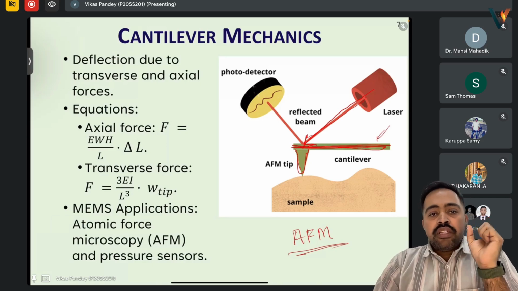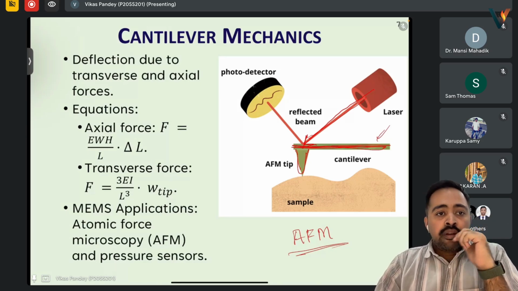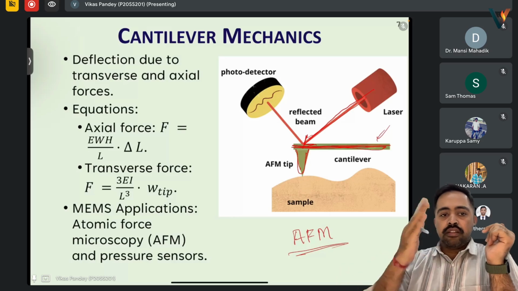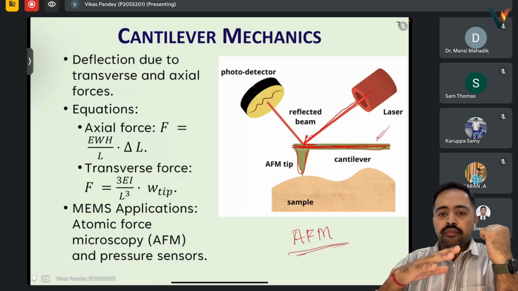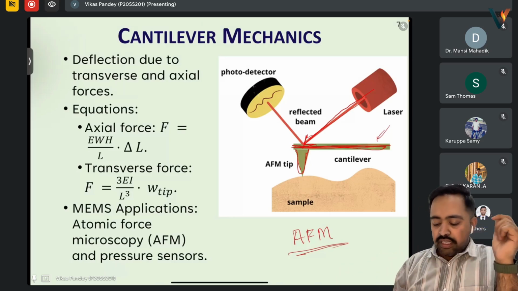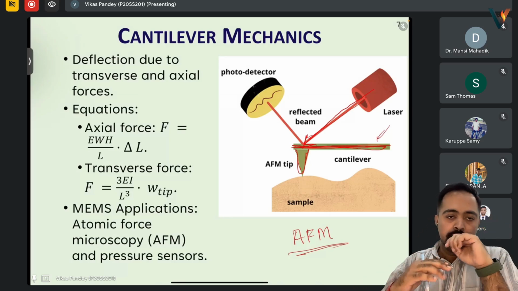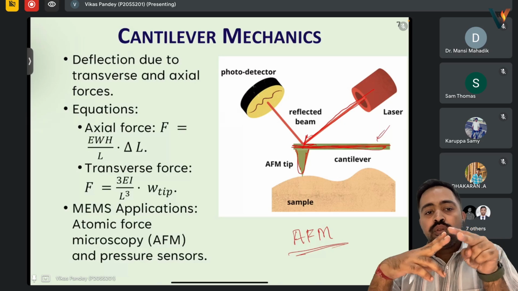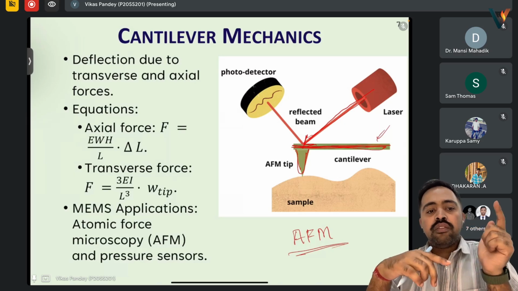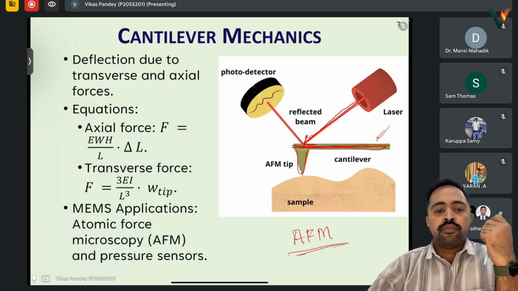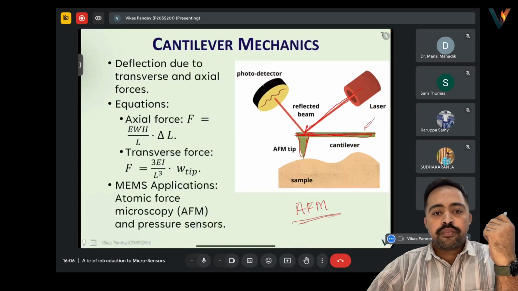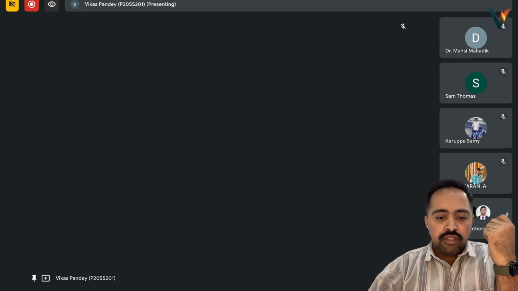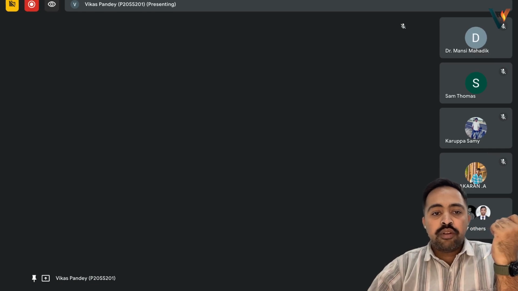Okay, so such MEMS devices, the cantilever, how will the deflection of this cantilever occur up and down? There will be two forces in play: axial force and transverse force. Can anyone explain what is meant by axial and what is transverse?